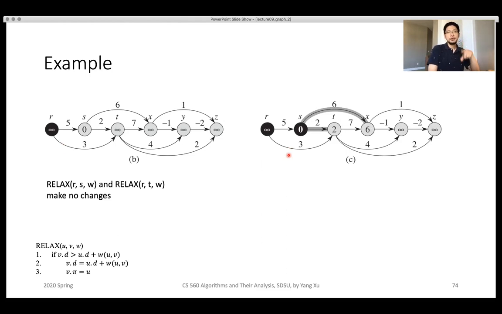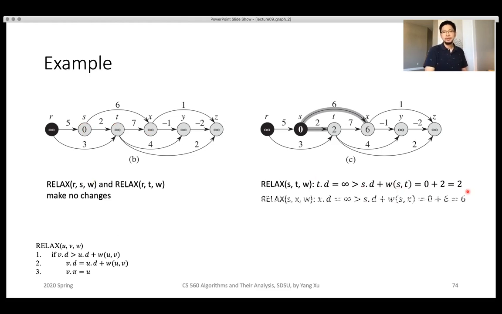In this iteration, we need to relax SX and ST. Previously T and X both had infinity values and the D of S is 0, so infinity is greater than S.D plus the weight from S to T, which is 2, and the D of X is also greater than S.D plus the weight from S to X. Both if conditions are satisfied, so we relax these two edges and update the D's and pi's of T and X. As a result of updating the pi attributes, we highlight the two edges, which indicate the predecessor or parent relationship.